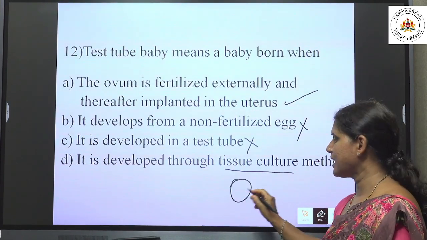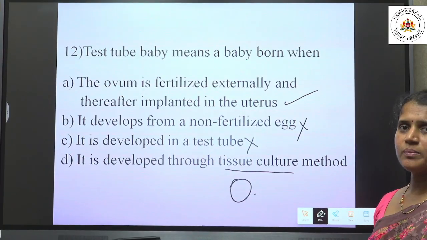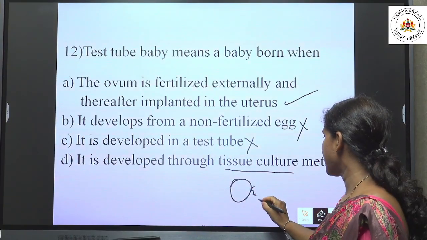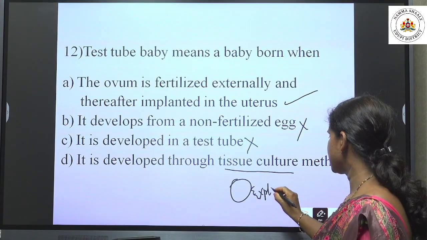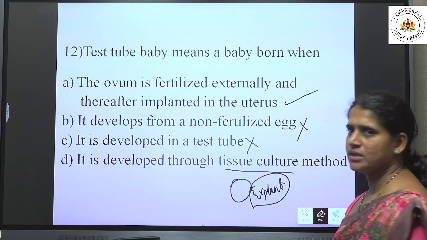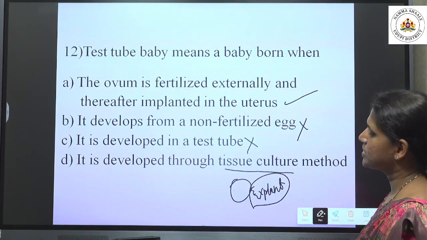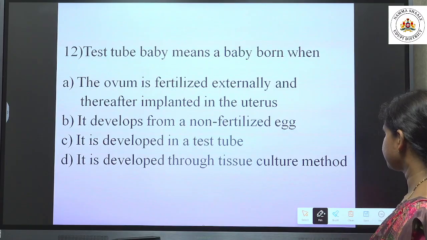A single cell which gives rise to a whole plant, or a new plant, is called an explant. So hence option A is correct.